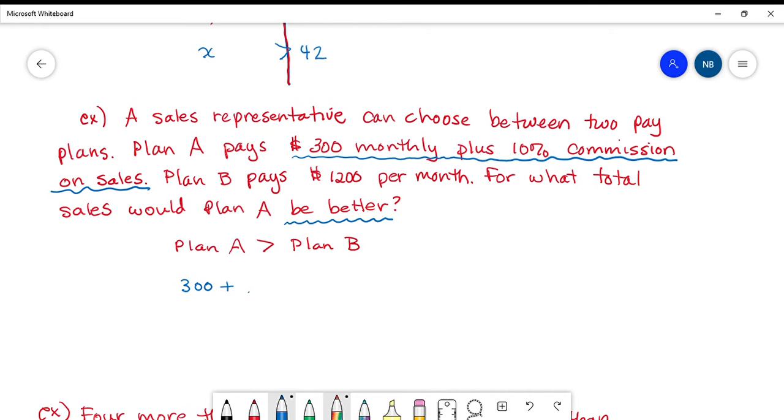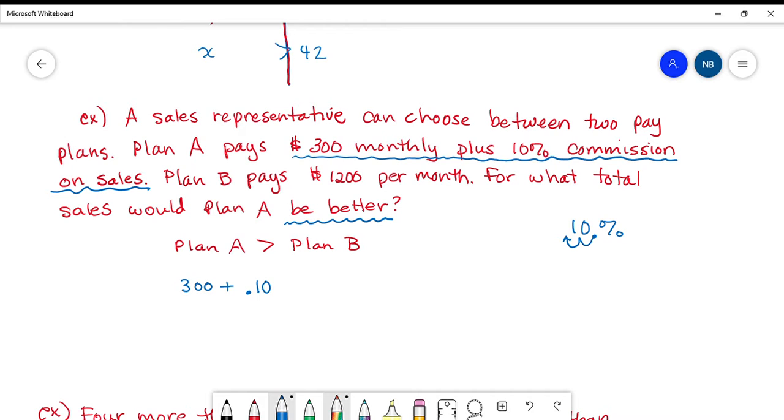Well, 10% has to be changed to a decimal. Remember what we do. We take the implied decimal point behind the 10 and we move it 2 places to the left and get 0.10. That's 10% on sales, or 10% of sales.